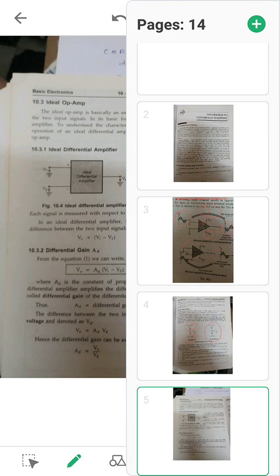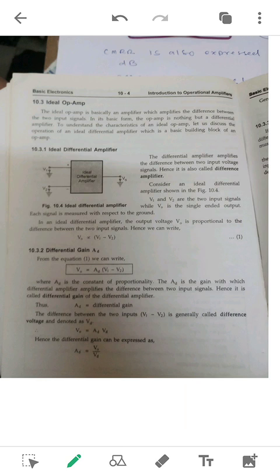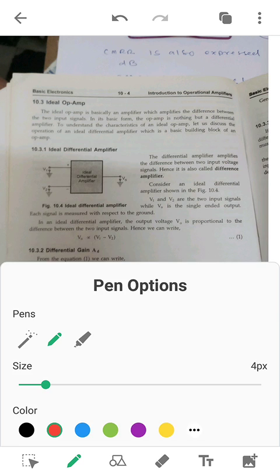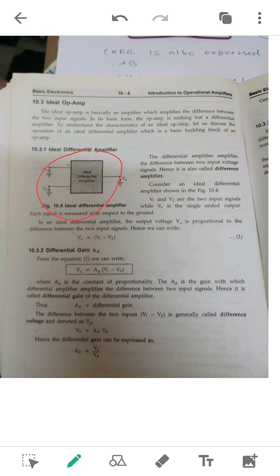Next, let us see the ideal op-amp. An ideal op-amp basically is called a differential amplifier. You can observe the figure here. It is a differential amplifier, an ideal operational amplifier. All operational amplifiers are made up of the basics of the differential amplifier.